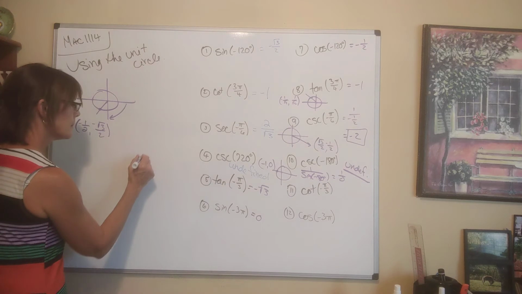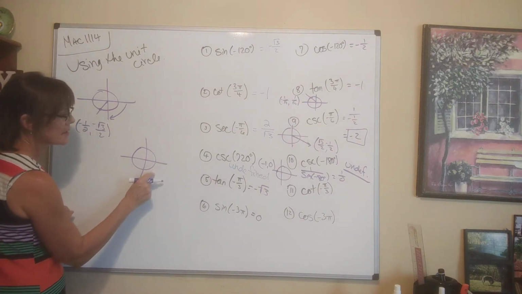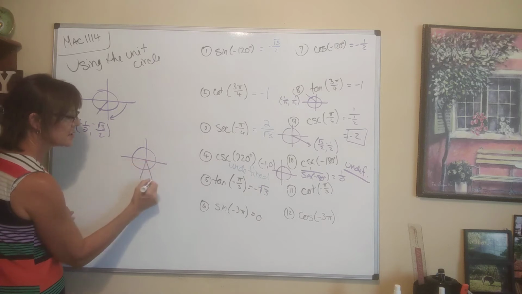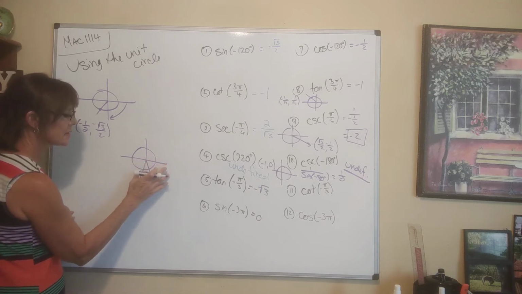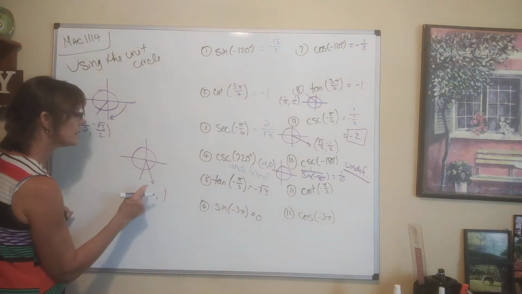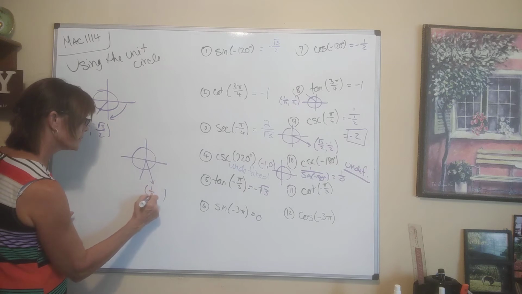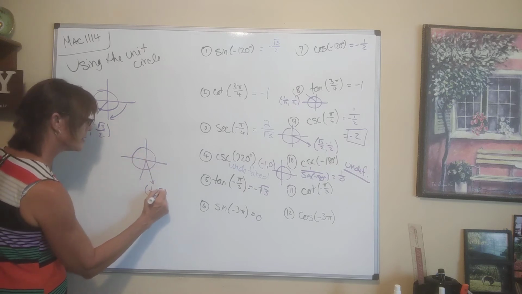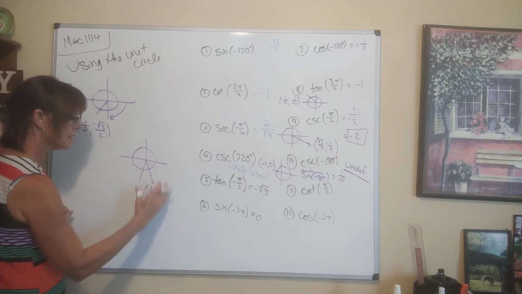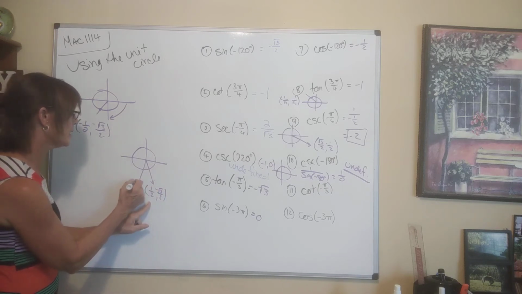Okay, how about the cotangent of negative pi over 3? I'm going to draw it over here. Negative pi over 6 is here. Negative pi over 3 is here. This is another of the 60s. So the coordinates for this are going to be short, small, and then big, square root of 3 over 2. Positive, negative. So these are the coordinates that we have for negative pi over 3.